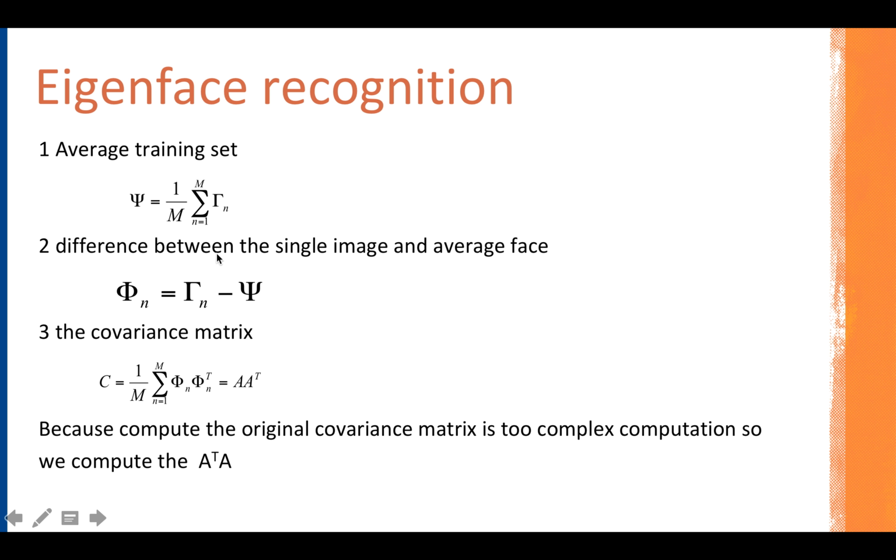From the second equation, we get the difference between the single image and the average face. From the third equation, we get the covariance matrix. But using this way to get the covariance matrix is hard and the computation is too complex, so we replace it with these equations, which are easier to do.